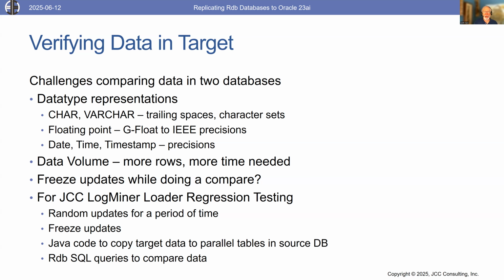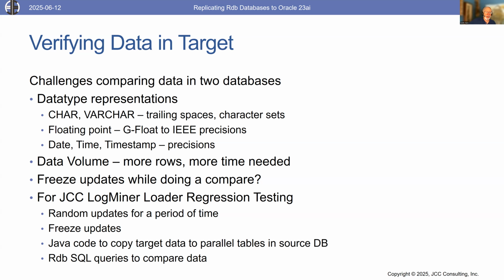For our loader regression testing, what we do is we set up a loader session. We do random updates for a while on the source database, and then we freeze updates. When everything catches up, we copy the target data to parallel tables in the source database, and then use SQL queries to compare the data.